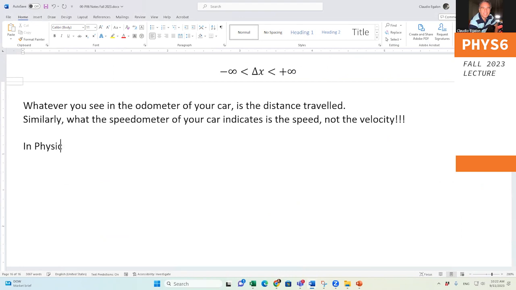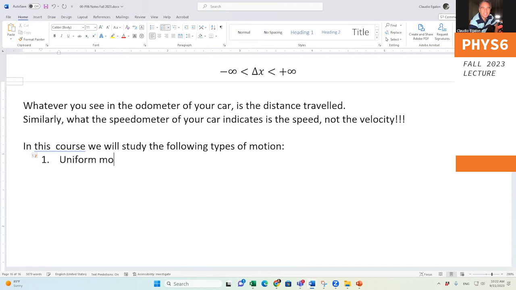In this course, we will study the following types of motion. One, uniform motion. What does uniform motion mean? Constant velocity.